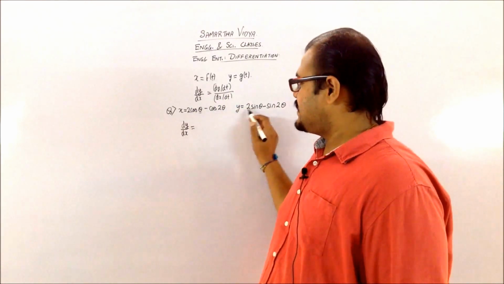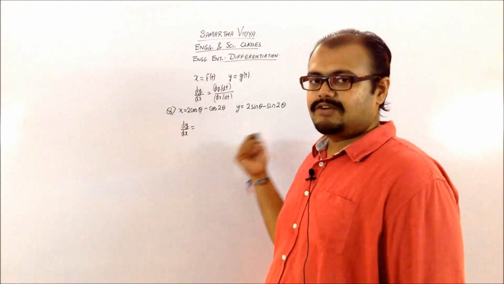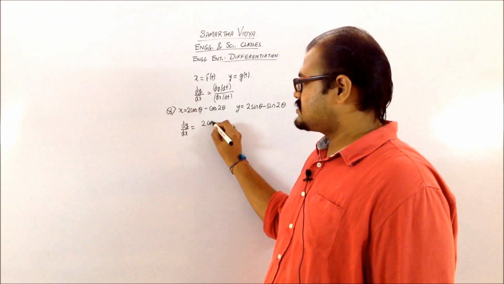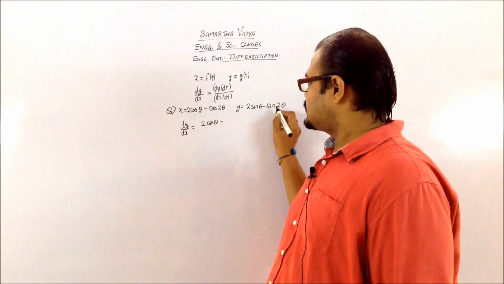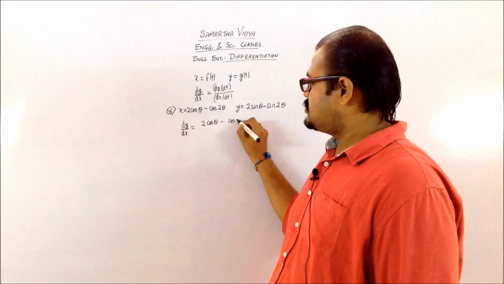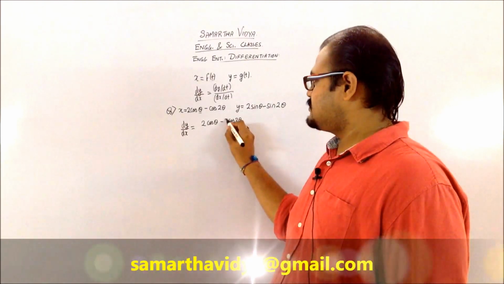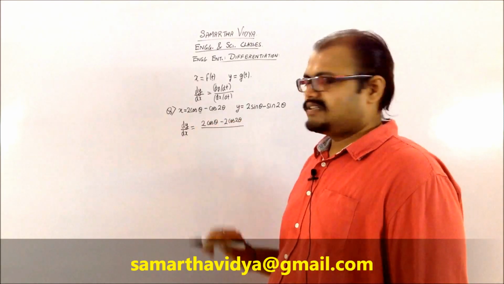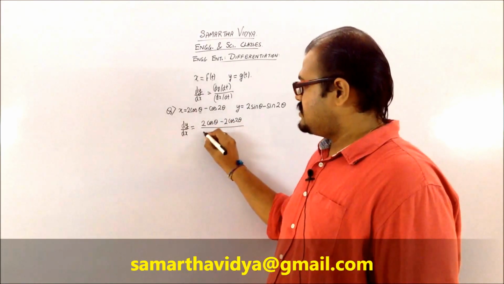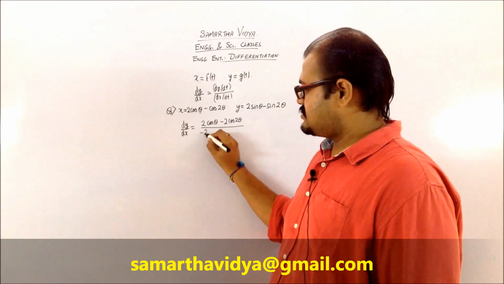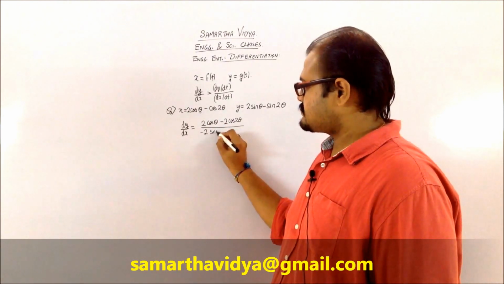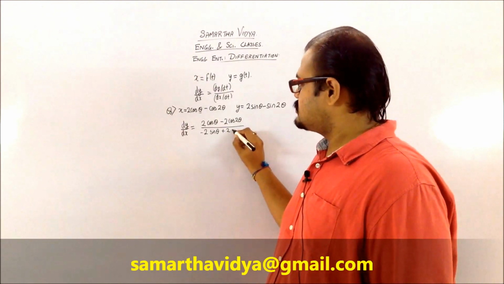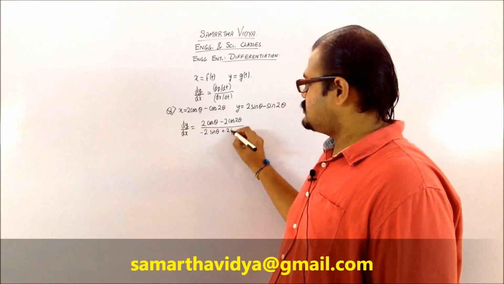When taking the derivative of y with respect to theta, it's a normal derivative. So it's going to be 2 into sine's derivative cos theta, minus sine's derivative cos 2 theta into 2 theta's derivative, which is 2. This is divided by the derivative of x: cos's derivative is minus, so minus 2 sine theta, and the derivative of the other term will be plus 2 sine 2 theta.